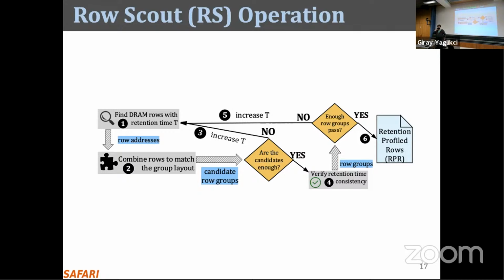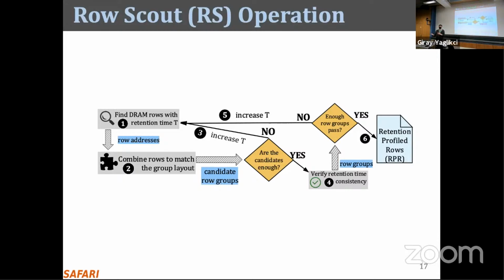So then what do you do in step 1? Step 1 is just a step to initially find some candidate rows to work with. If you start with a random row and then put it into step 4 directly, that won't be efficient because the row may have a very large retention time, right?